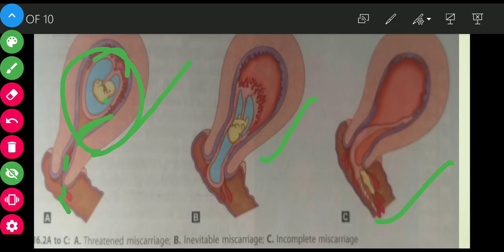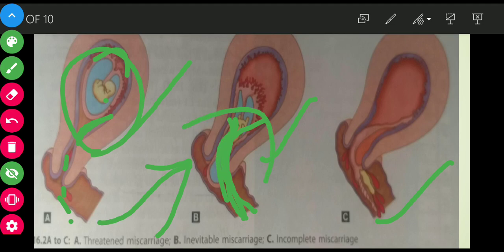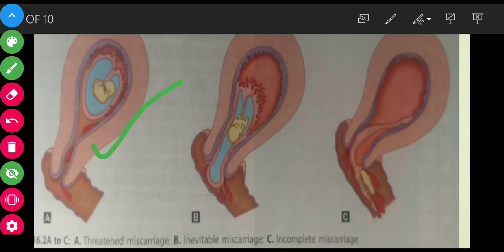If it is not treated or it has progressed, the bleeding progresses and the conceptual material also starts coming out, with increased vaginal bleeding and severe lower abdominal pain, and amniotic fluid comes out. So here, continuation of pregnancy is impossible.